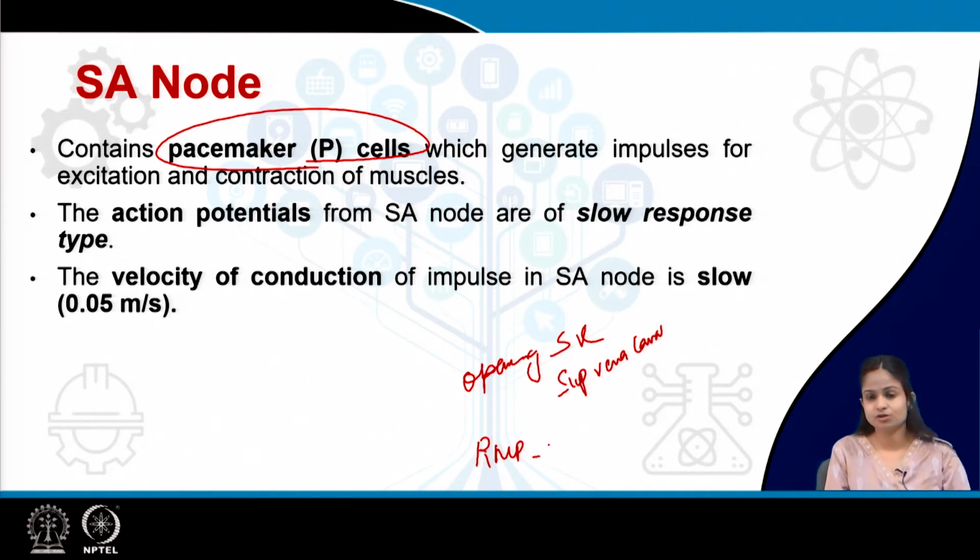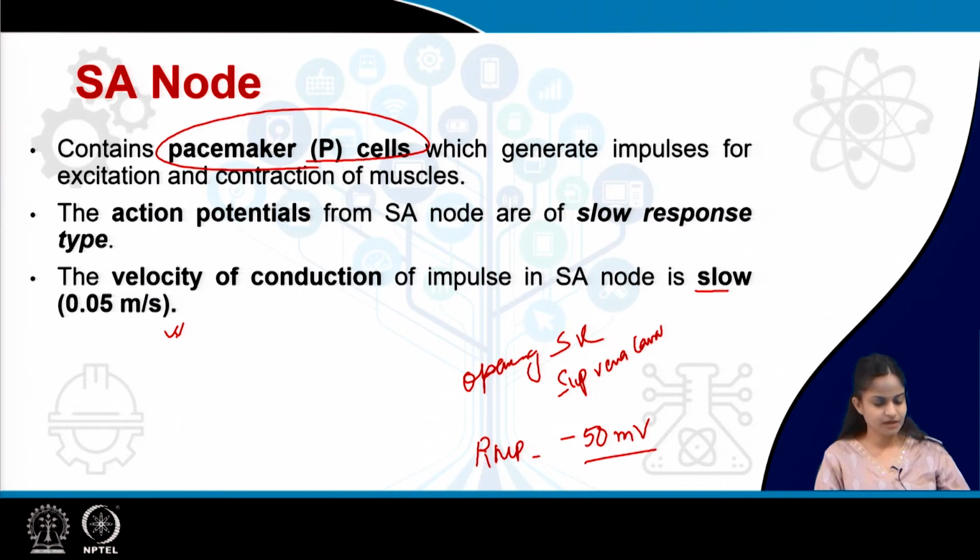In cardiac muscles also, ventricular myocytes have a resting membrane potential of minus 90 millivolt, but nodal tissue, specifically the SA node, has an RMP of minus 50 millivolt. The action potential in the SA node is slow type, which is mainly because of calcium ion influx, and the velocity of conduction of this impulse is also slow, that is 0.05 meter per second.